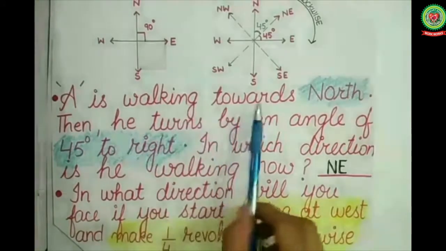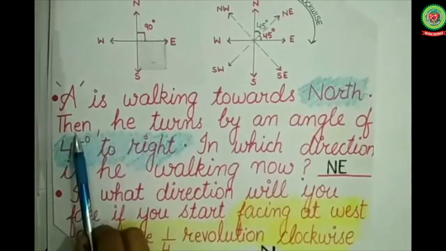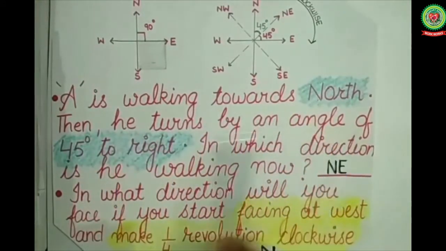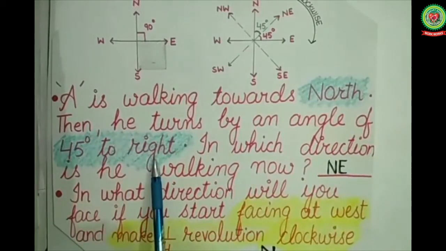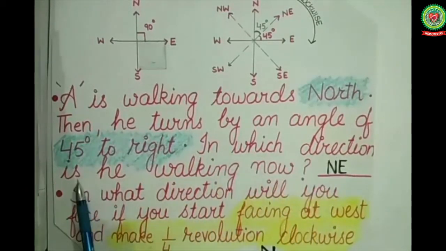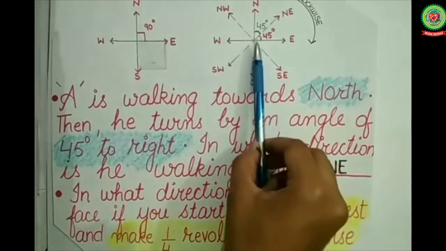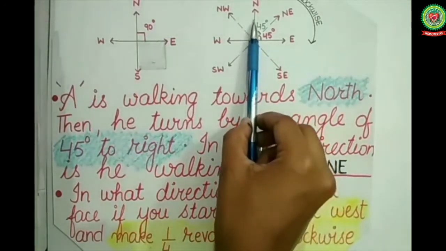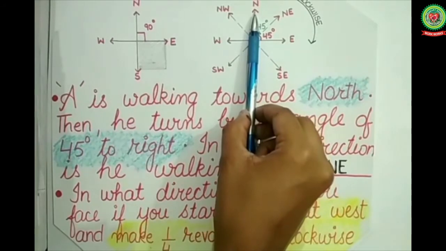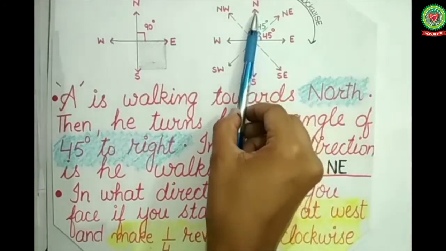A is walking towards north, then he turns by an angle of 45 degrees to the right. In which direction is he walking now? Now students, you can see if a person is walking towards north, so he is walking in this direction, and then he moves rightwards by an angle of 45 degrees.